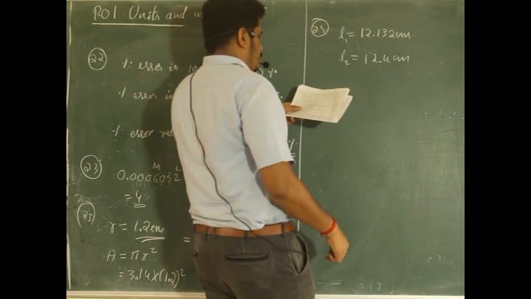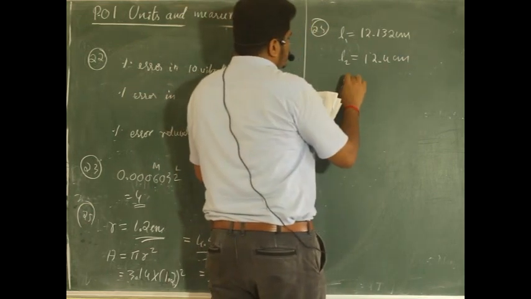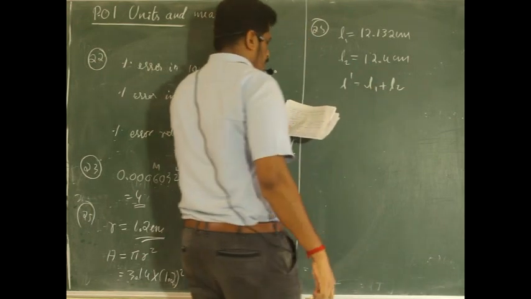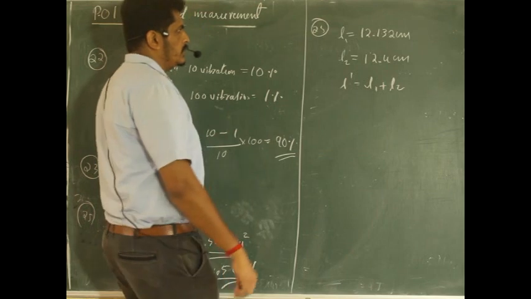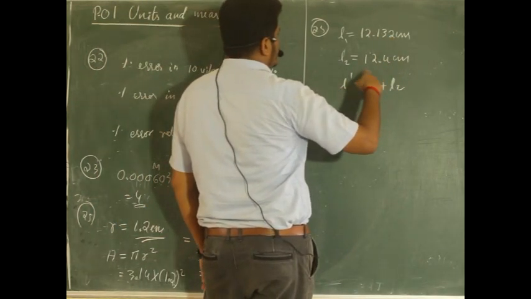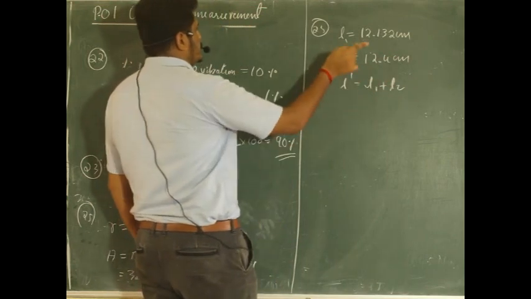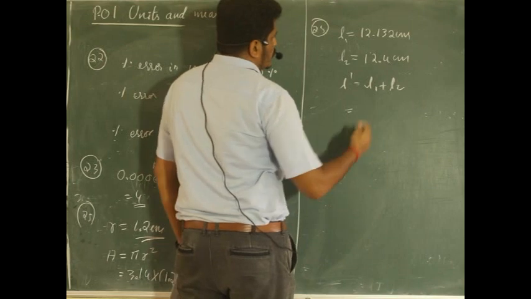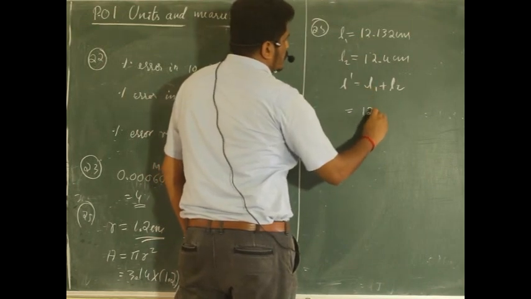Total length L dash equal to L1 plus L2. Right now it's a basic operation, L1 plus L2, but here you can see more resolution is there in one, less in the other, but the one which has got the least number of decimal places is L2. So our final answer also should be in that form itself. So how much is that? 12 point.